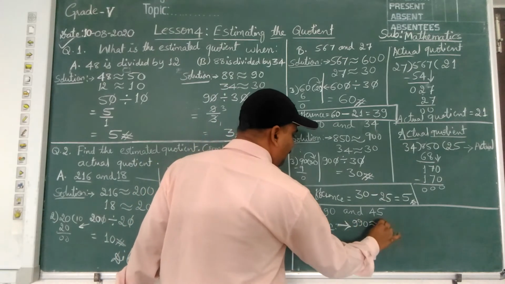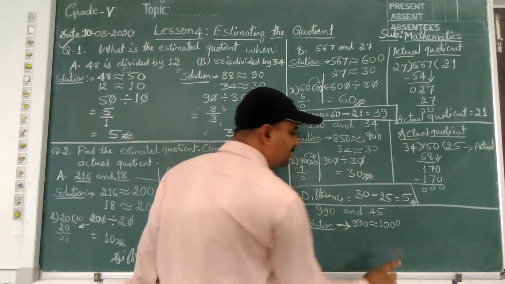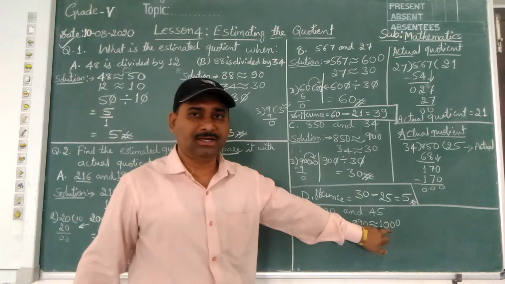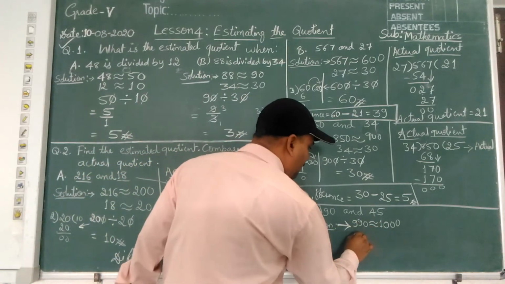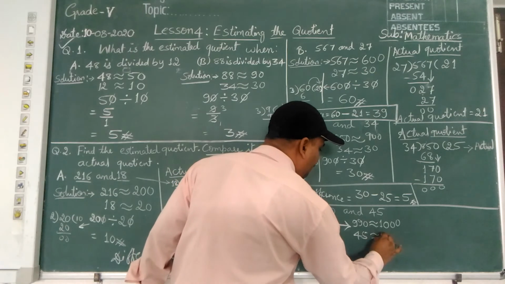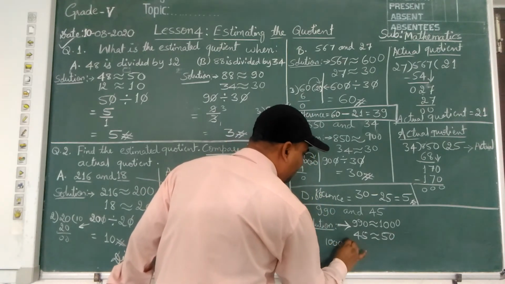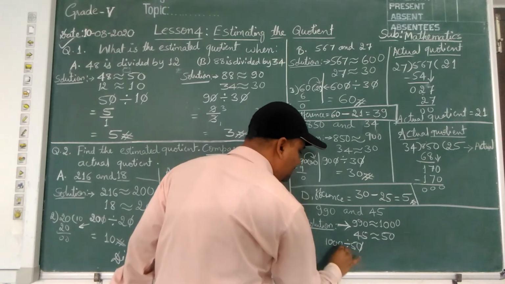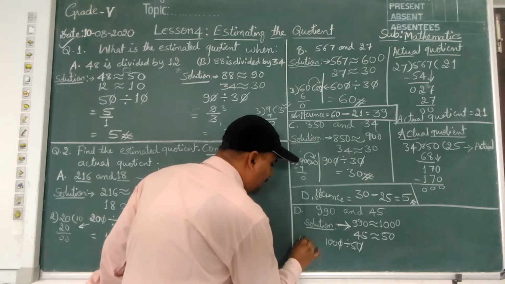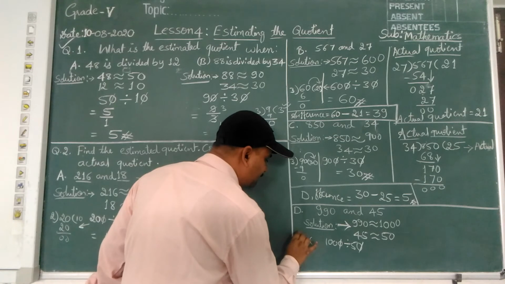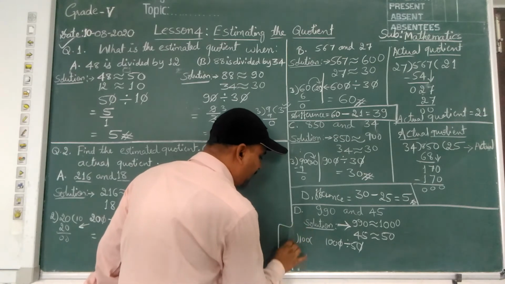990 will be 1000. 990 is nearer to 1000. 45 will round off to 50. Now let us divide 1000 by 50. The 0s get cancelled. So 100 divided by 50.